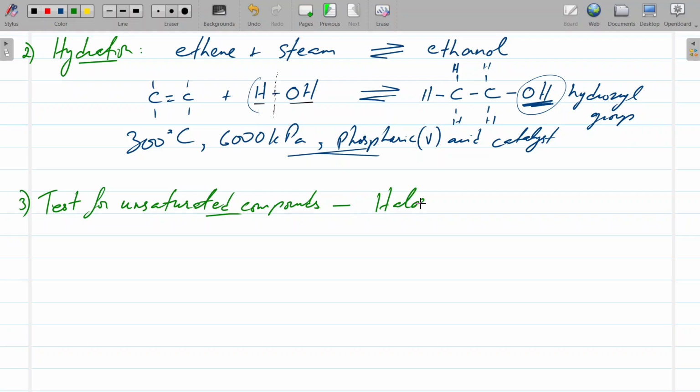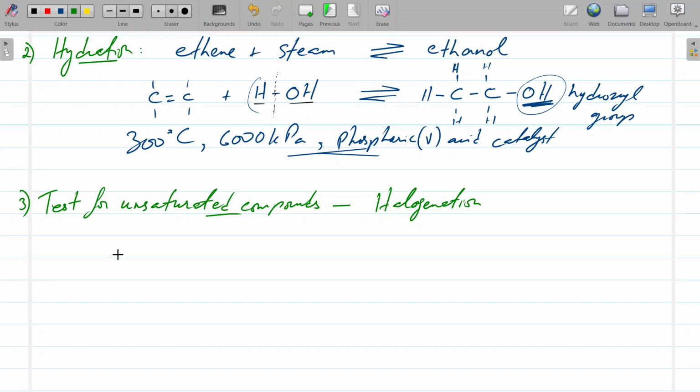The addition reaction is called halogenation. So what do you think we're adding to the alkenes? Halogens, which are in group 7 of the periodic table: fluorine, chlorine, bromine and iodine.